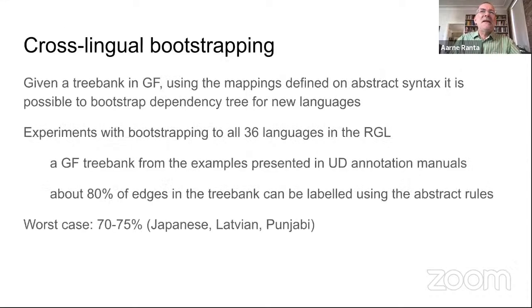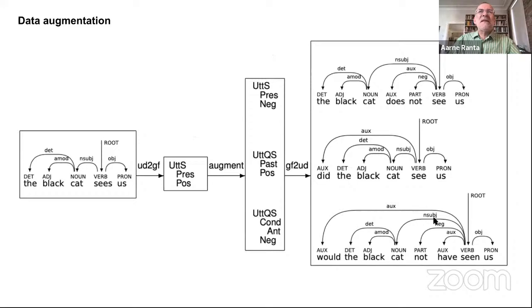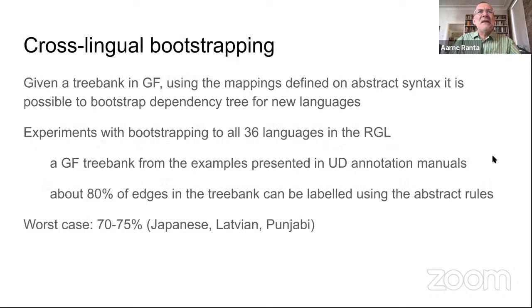And actually I must say that we haven't tested this very much. What we have done more experiments with is cross-lingual bootstrapping. So in this paper from 2016 with Prashant, we did it for the then 36 languages in the RGL.